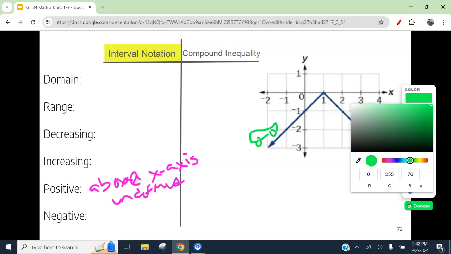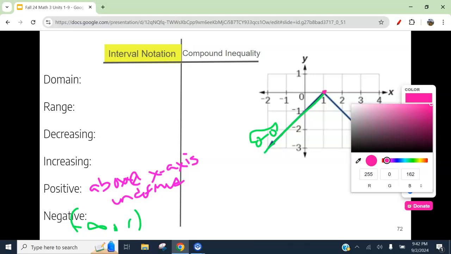So negative zone is, of course, below. I'm not putting that in words. Negative zone goes from negative infinity, and it'll stay negative until I get to 1. Now, I know it might look like the whole entire thing is underneath the x-axis, but this little spot in red, or pink that is, it's the only spot that's not technically under. So for just a moment, it was no longer in the negative zone.